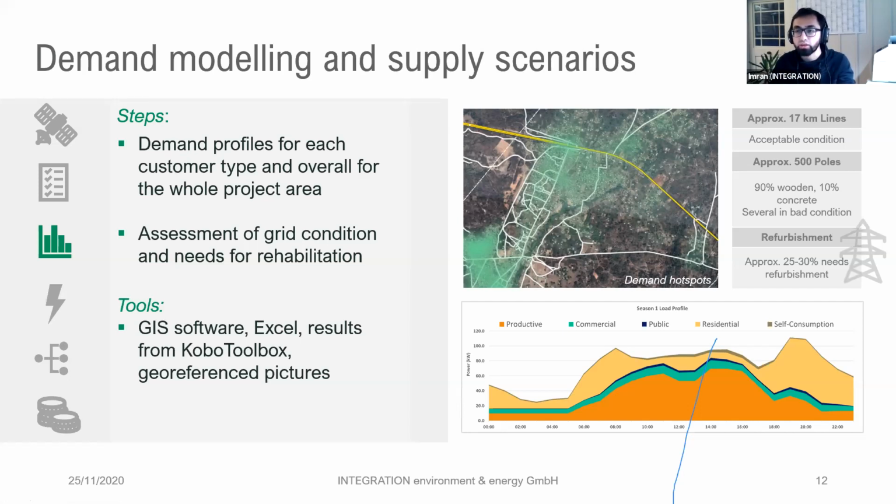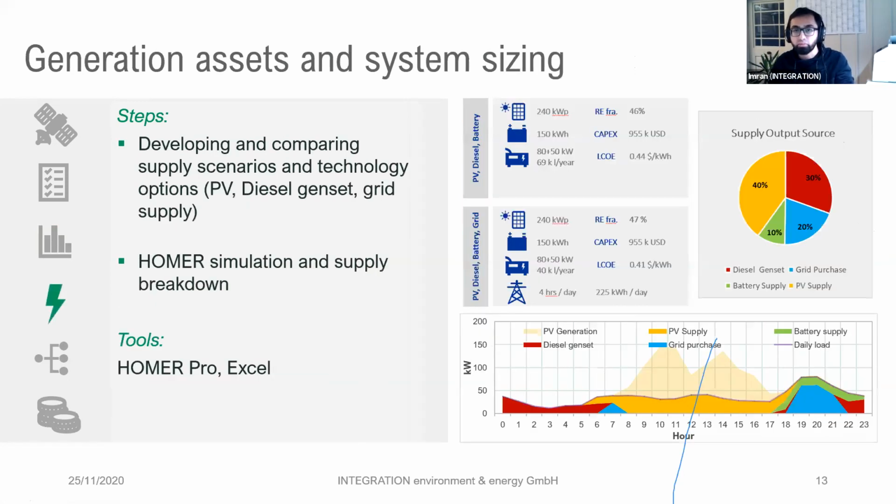So based on this information, we are then moving to the next step, which is the generation asset sizing, where we are using standard tools like HOMER Pro, that I think is now an industry benchmark. And then we are comparing different scenarios. So for example, here we have two scenarios to say that if we want to supply the same community without grid supply, for example, in the first case, we will need a system of 240 kilowatt peak, and you will need a battery bank of 150 and a diesel genset of 130.